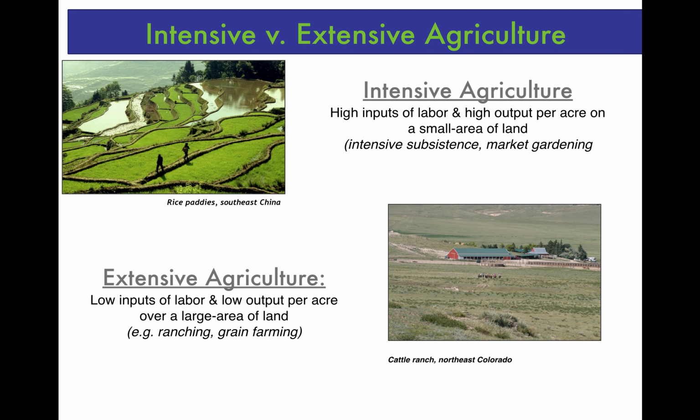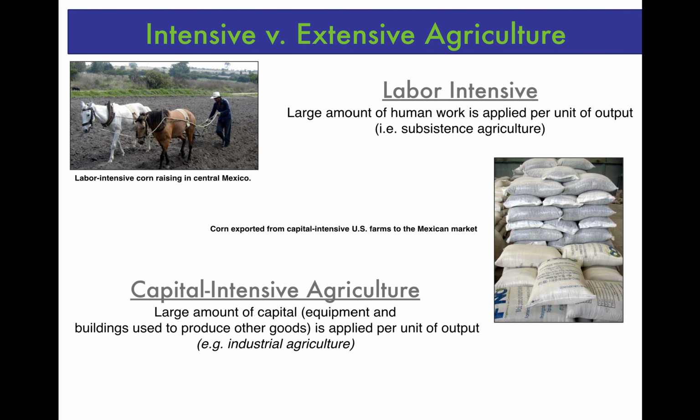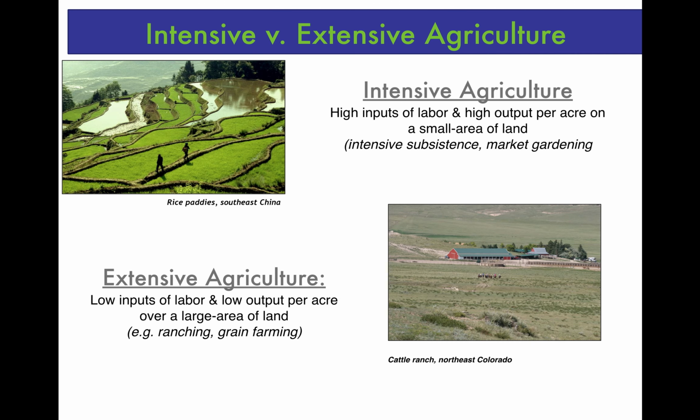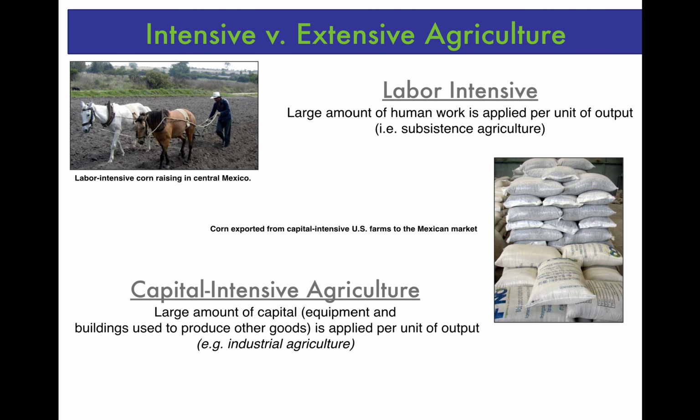Now that's a little different from labor intensive agriculture. There are also some categories within this. Intensive agriculture is when you've got high input of labor and high output per acre. One way agriculture can be intensive is if it's labor intensive agriculture, where a whole lot of human work is applied per unit of output, particularly subsistence agriculture.